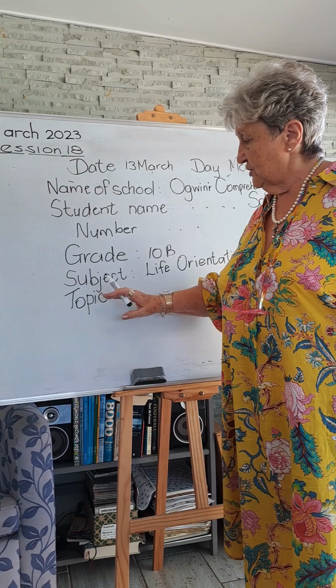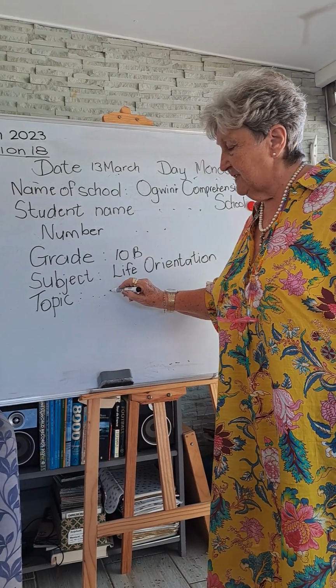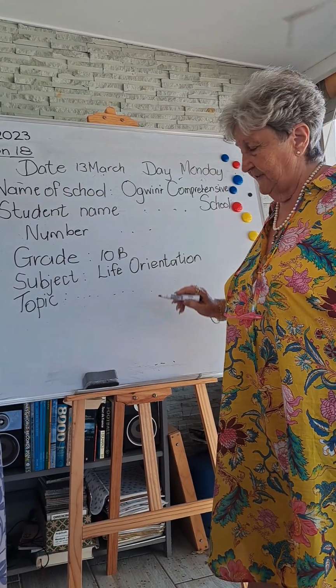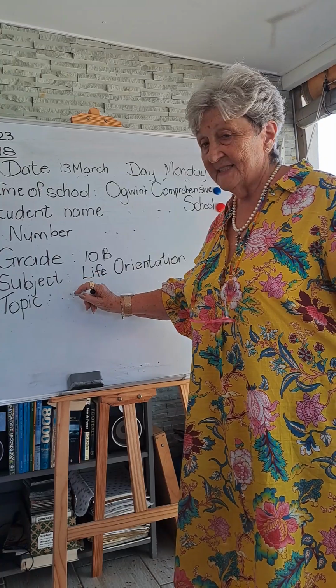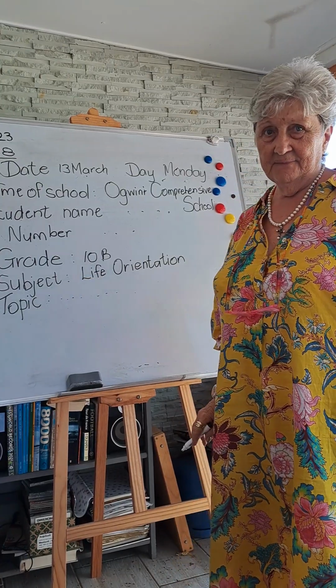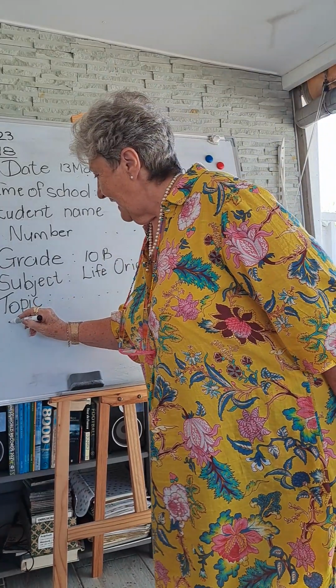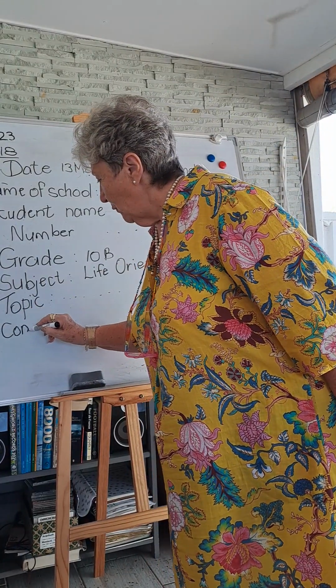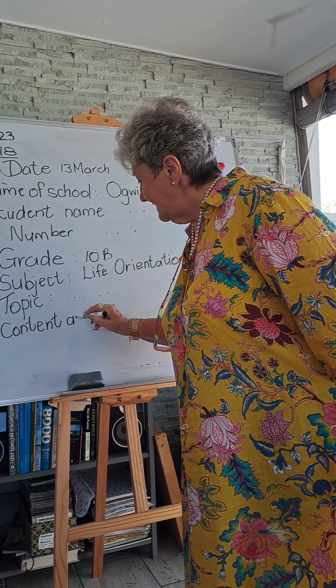You go to the topic that you're going to discuss, and it will be one of those: development of self, or it will be rights and responsibilities. And you look under there and you write down what your lesson will be about. Your content area.